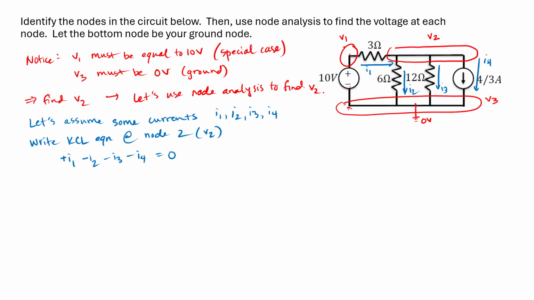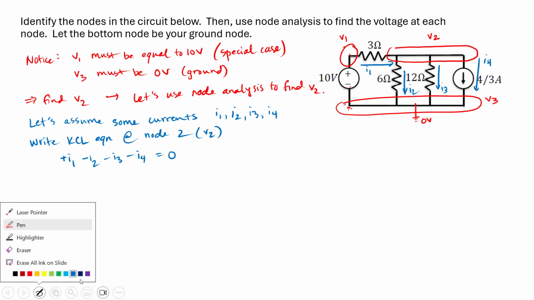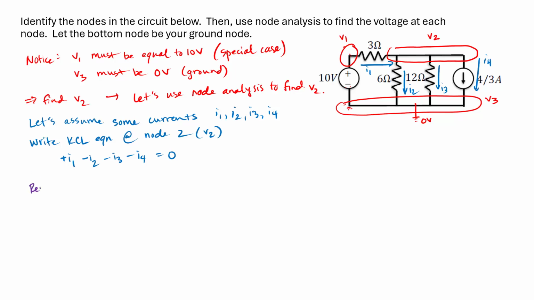And by Kirchhoff's current law, we know that the algebraic sum of the currents entering and exiting node V2 must be 0. All right, that's it for that step. Next, we need to rewrite each current in terms of the node voltages and resistances.